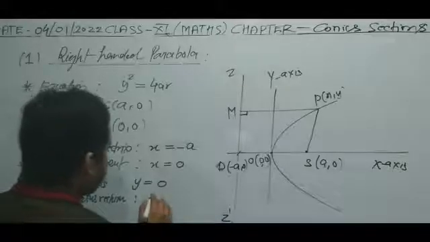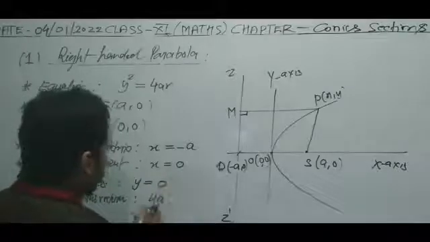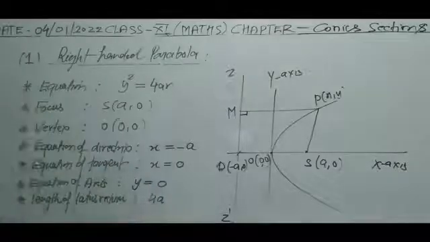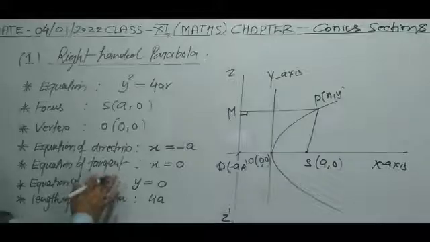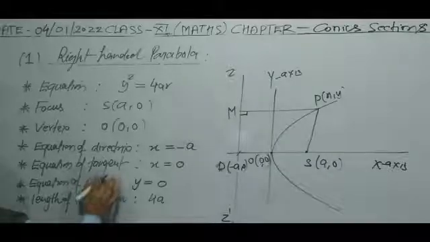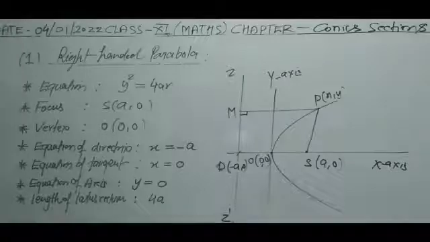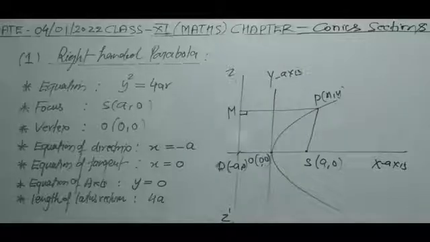This result is 4a. The length of the latus rectum is 4a. Now this is the complete explanation of the right hand parabola.